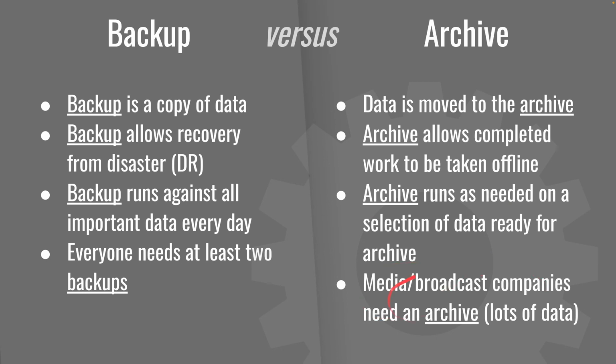Pretty much all broadcast and media companies, where they have lots of media files arriving on their storage, need an archive. By archiving data which doesn't need to be on the live storage, the backup will be smaller, because you're not backing up projects that you completed 18 months ago. They can shift to the archive, and then the backup is more manageable.